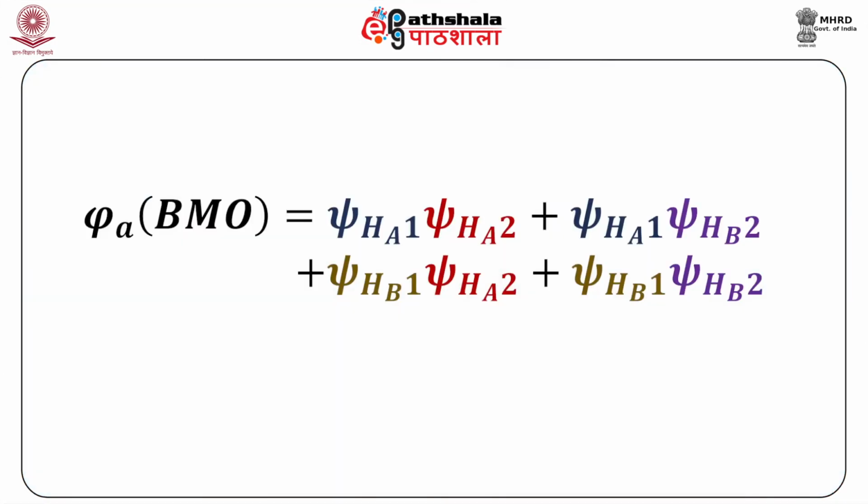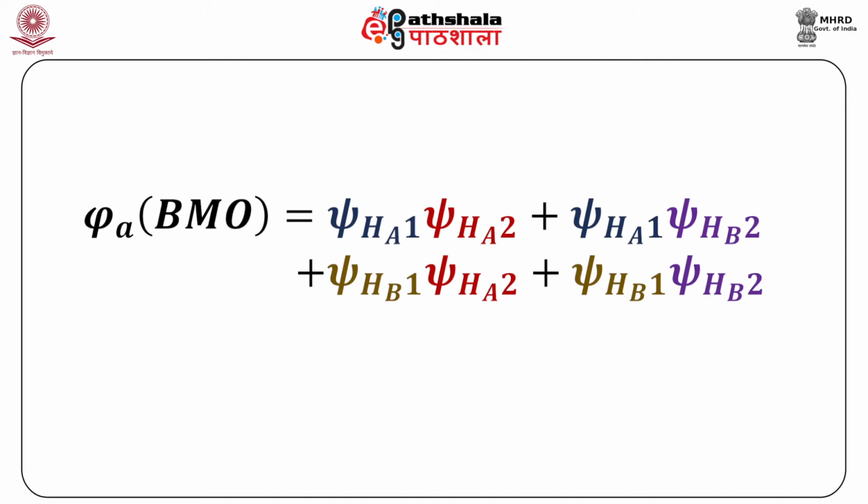And once we have got this, if we expand this expression, you can see we get phi A, which comes from the bonding molecular orbital, is equal to psi HA1 psi HA2 plus psi HA1 psi HB2 plus psi HB1 psi HA2 plus psi HB1 psi HB2.